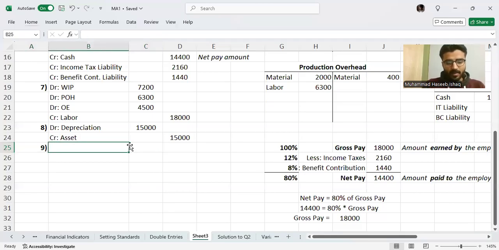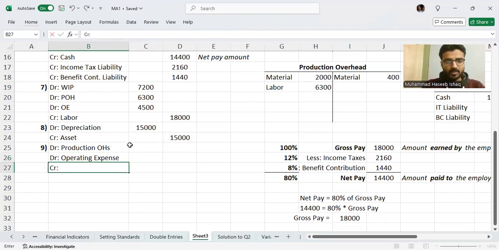So debit production overhead account because we are transferring to the production overhead account, and debit operating expense account, and then credit from where it is being transferred. It is being transferred from the depreciation account.